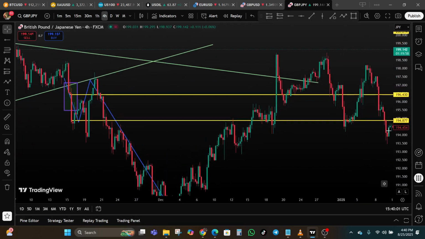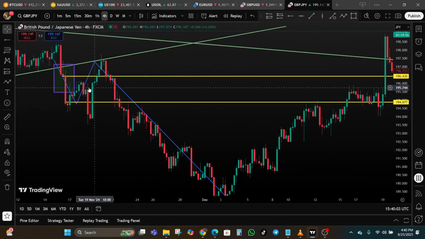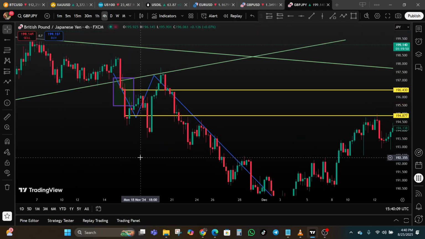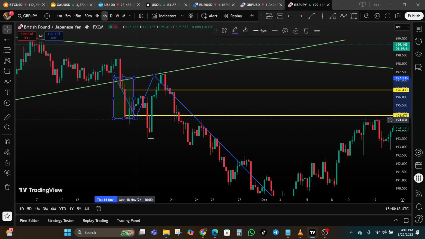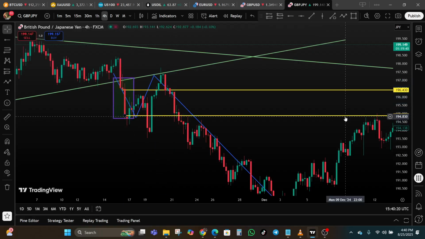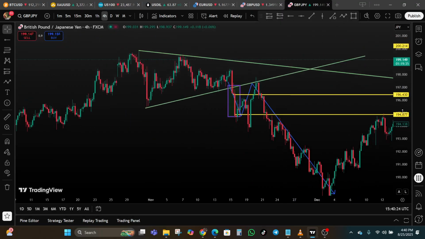Then you look for a fair value gap created by that displacement. Align your trade with a higher time frame structure before entering. So it's pretty easy, right?